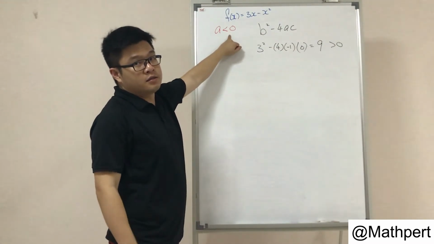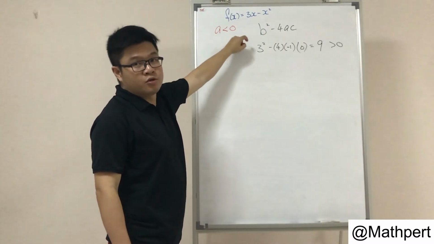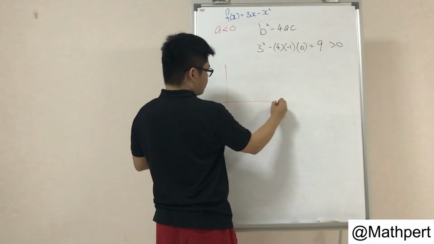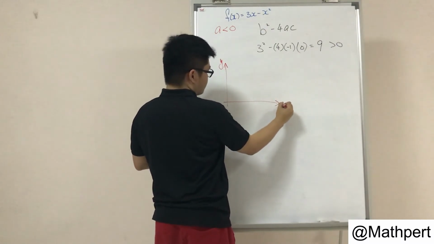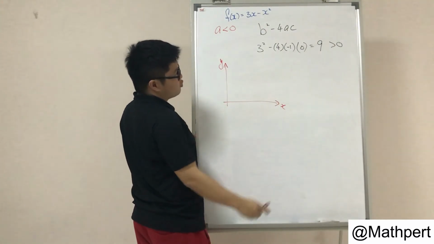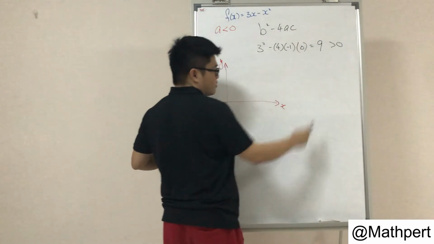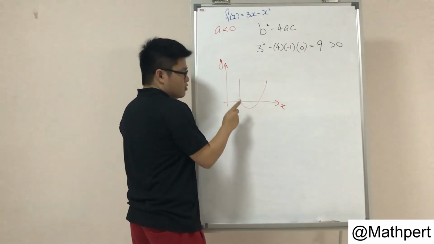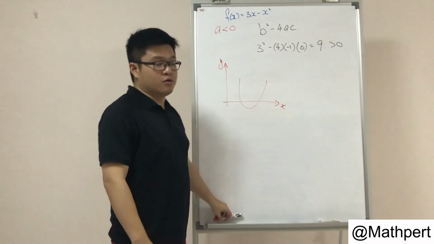A is smaller than 0, meaning the graph is an N shape. The graph is N shape and b squared minus 4ac is bigger than 0, so the graph should be like this. Two real and distinct roots.